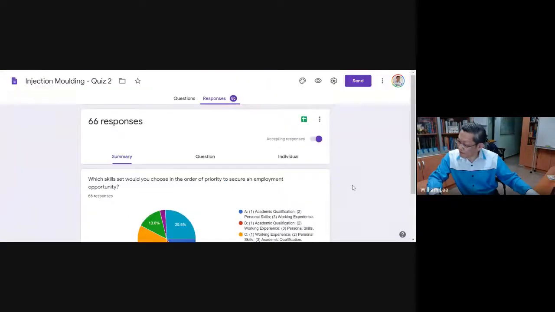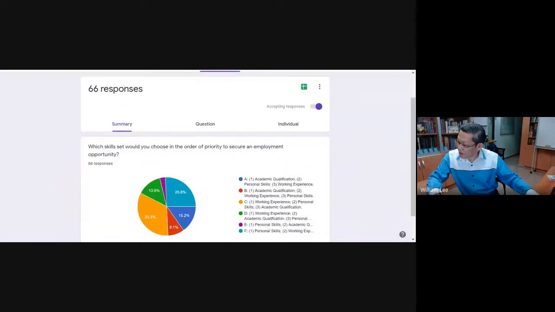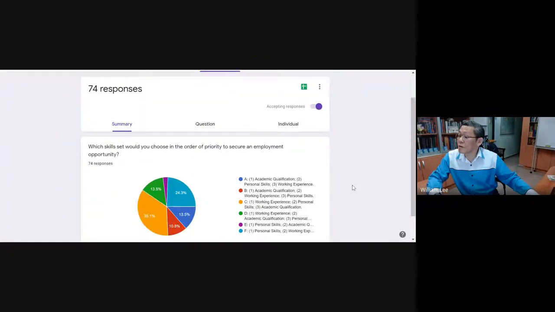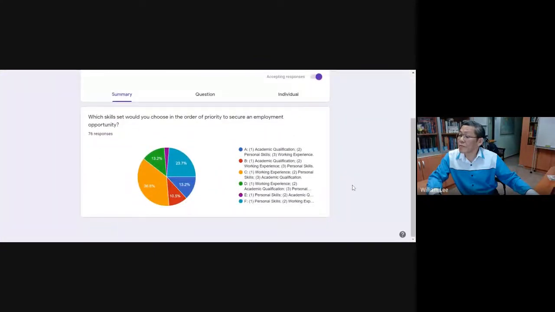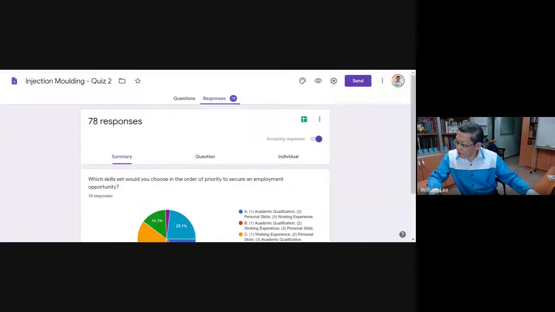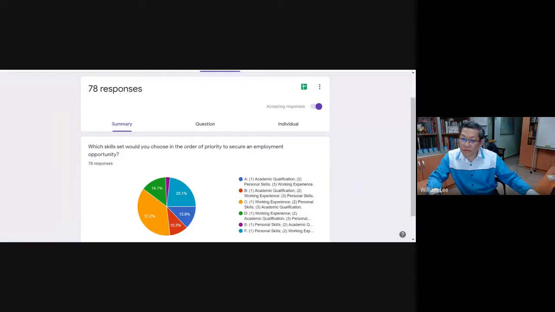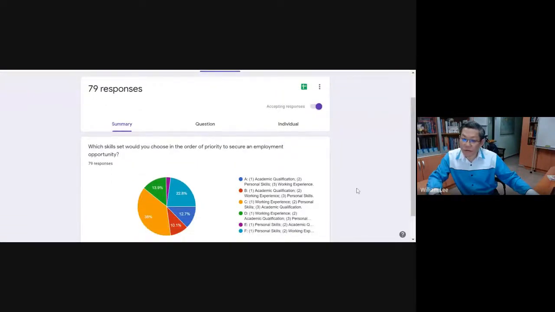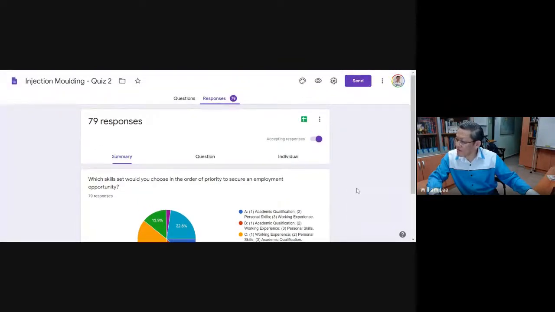A lot of you believe that work experience is ranked number 1. 25, personal skill is 24. So now it's between C and F.